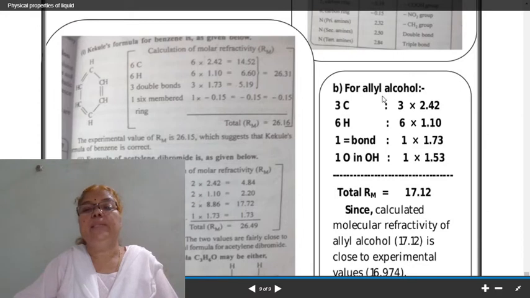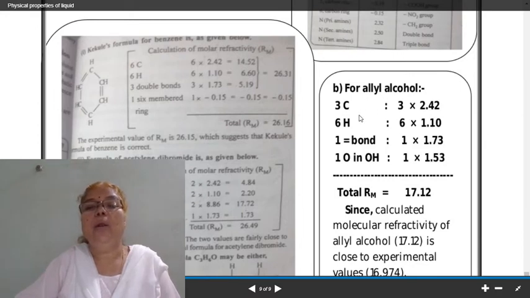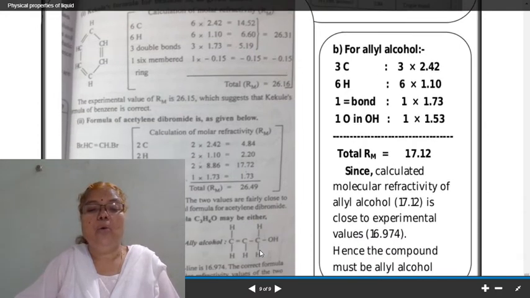See, this is the allyl alcohol, and in this allyl alcohol there are 3 carbons and 6 hydrogens: 1, 2, 3, 4, 5 and 6. Then 1 double bond and 1 OH. Therefore, for allyl alcohol, we can calculate the molar refraction values. For 3 carbon, their value is 3 into 2.42.